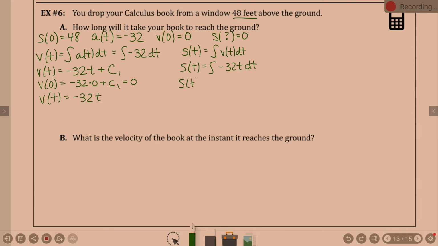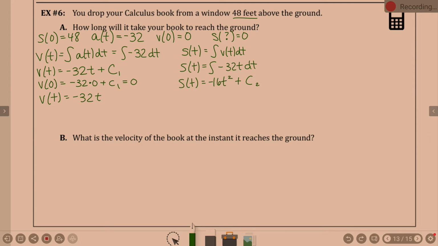Integral of negative 32t is negative 16t squared. Add 1 to your power, which makes it 2. Negative 32 divided by 2 is negative 16. And notice I said plus c again, right? Officially, it's a plus c2 at this point.